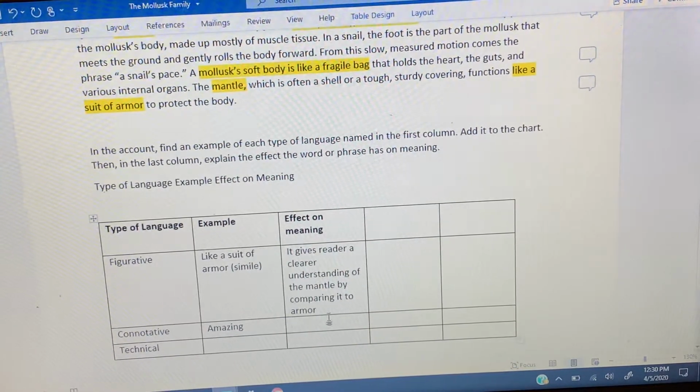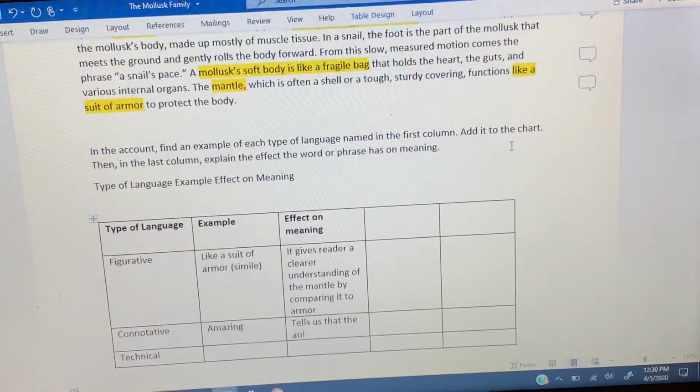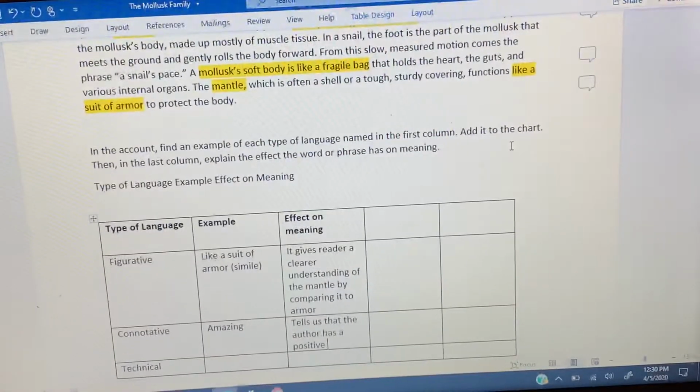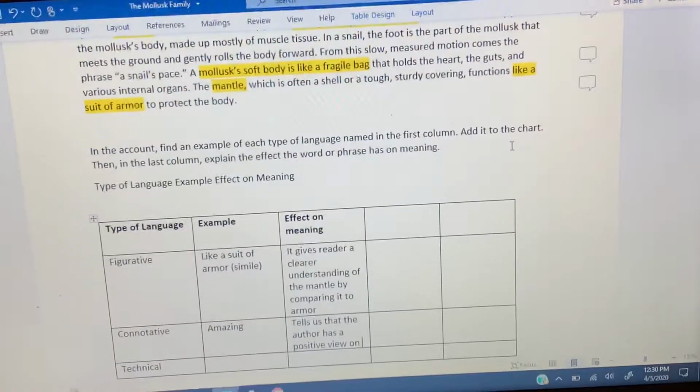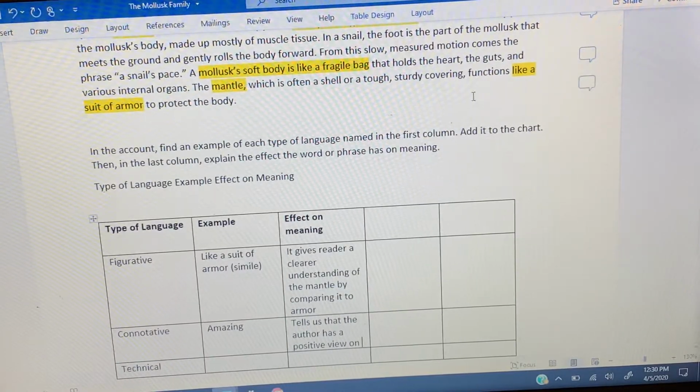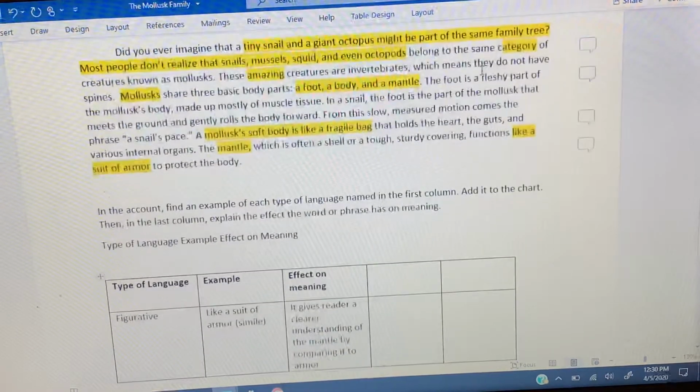And the effect on meaning, well, like we said before, the effect is it tells us that the author has a positive view or feeling on the mollusk.